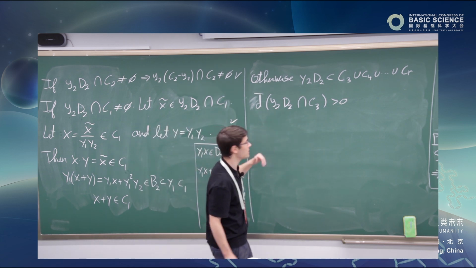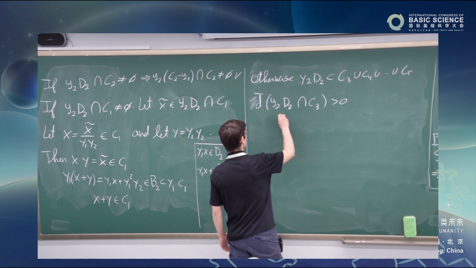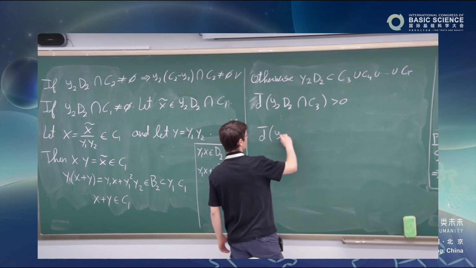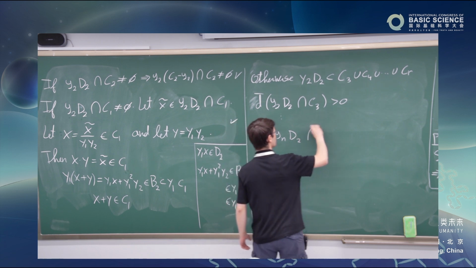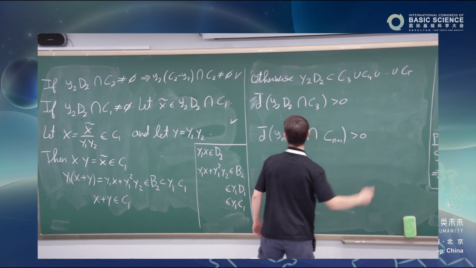And so now essentially we iterate the result. Let me do this in general, perhaps. So we have a situation where yn dn will intersect some color c_{n+1} in positive density.